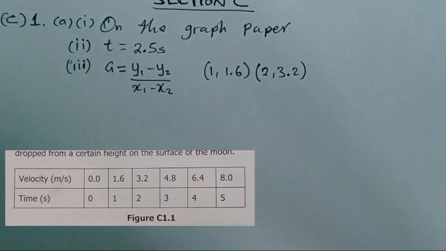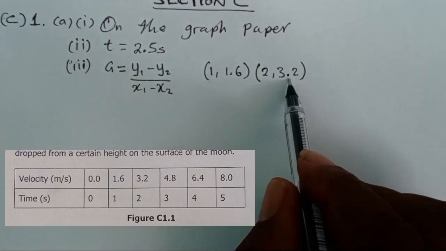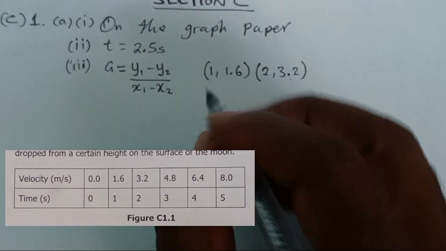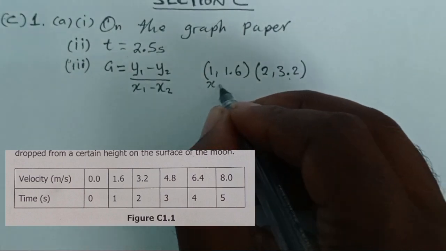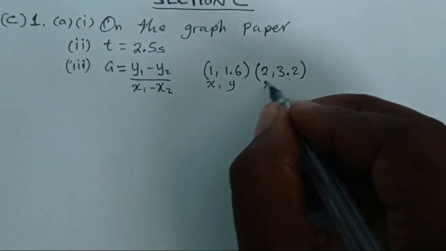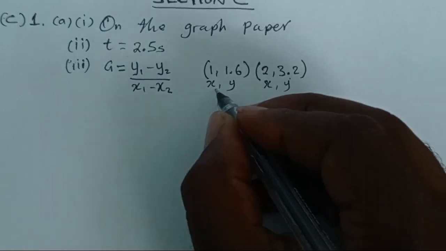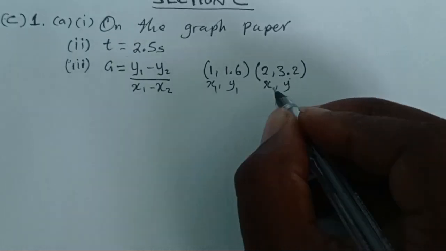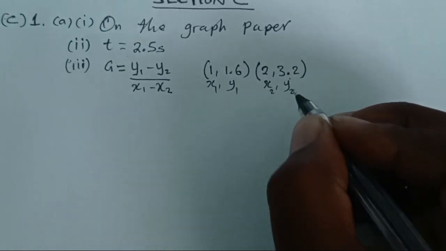Mind you, you can use any two coordinates of the graph. These points that we have been given are the points giving us the graph. Remember that a coordinate is x, y. This is x1, y1, x2, y2.